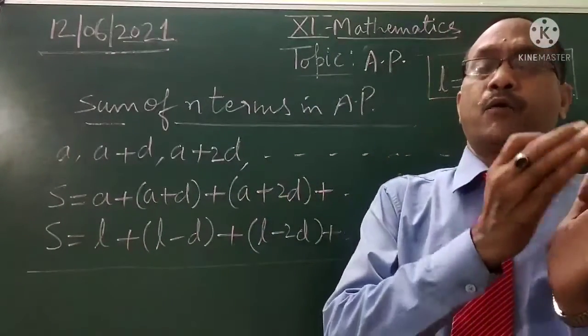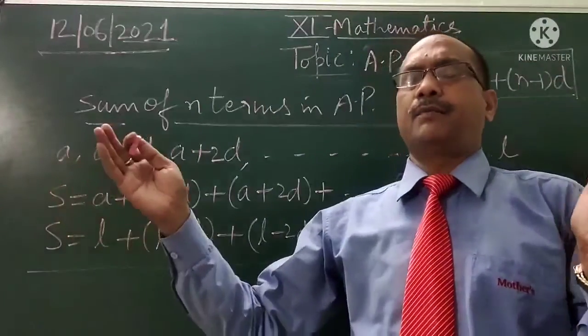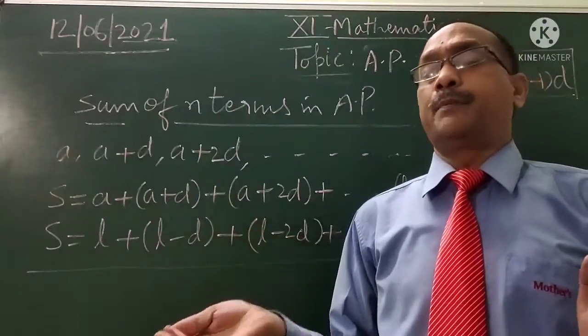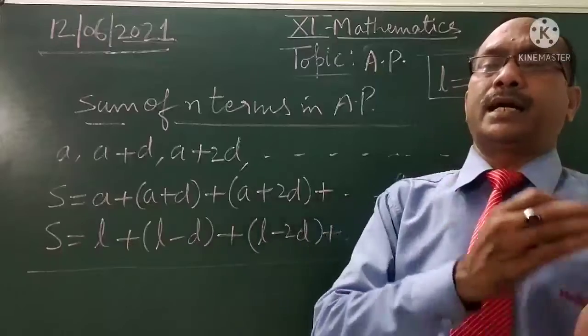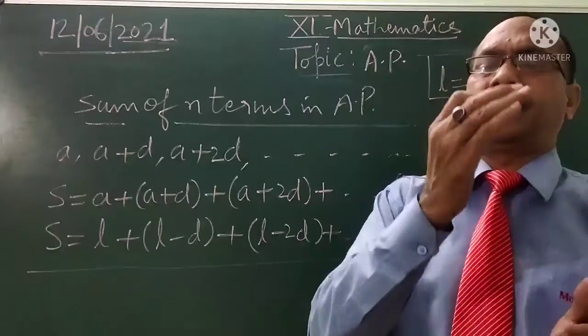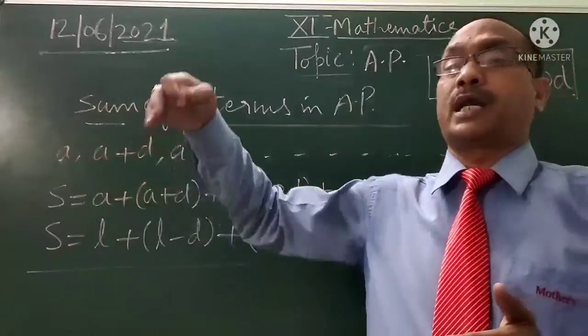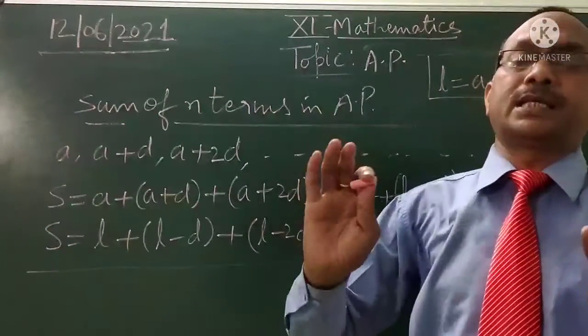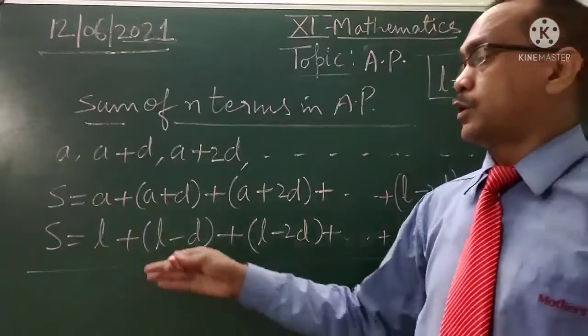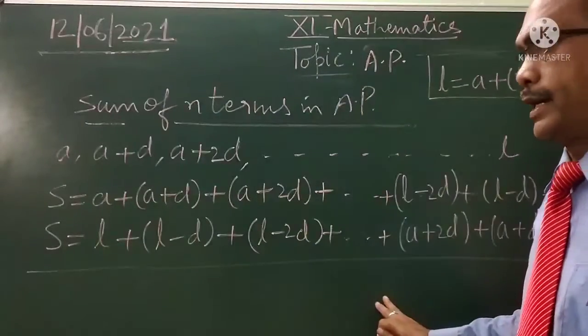If we add from 1 to 100, then we will get some particular addition. If we interchange the numbers, 100 plus 99 plus 98 plus 97 plus 96 plus 95 and so on till 1, then the addition will not change. That is also the same. So the same logic we are applying here.